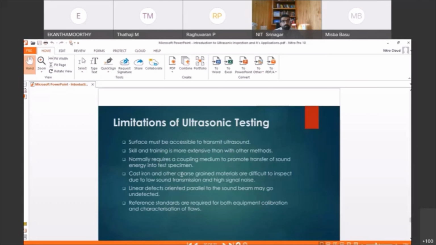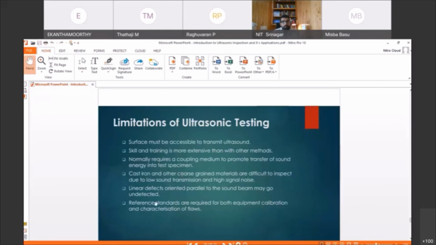These coarse grain structures are really difficult to inspect due to low sound transmission or more attenuated materials. So you get a high signal to noise ratio, and scattering issues in coarse grain materials, especially at the grain boundaries, with a lot of heat dissipation. The bigger the grain size, the more heat will be generated and a lot of energy will be lost.